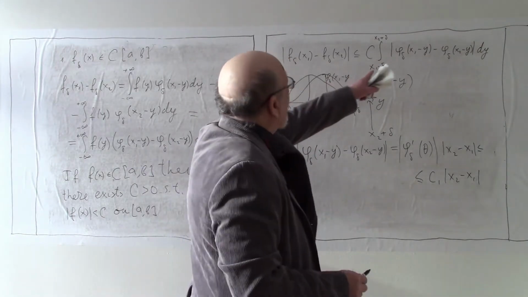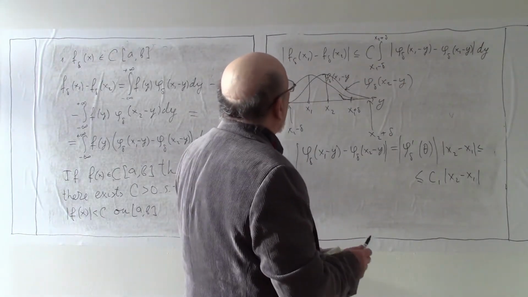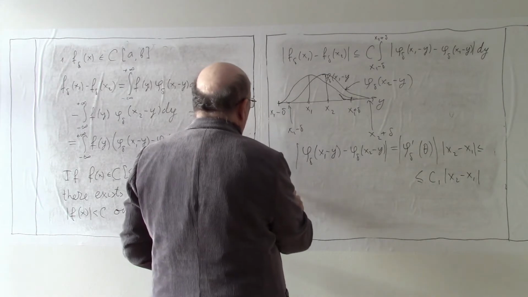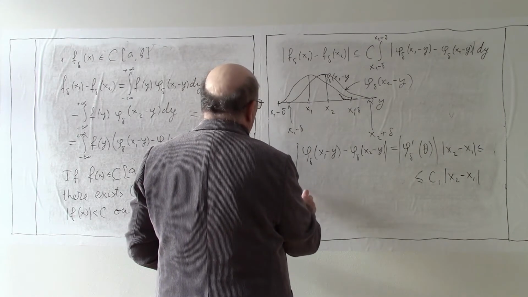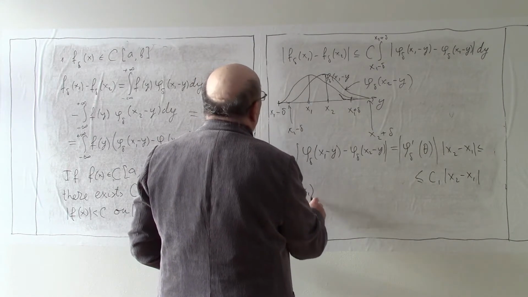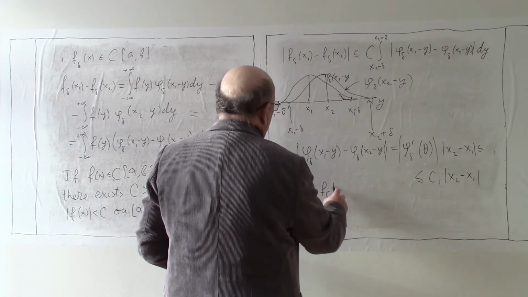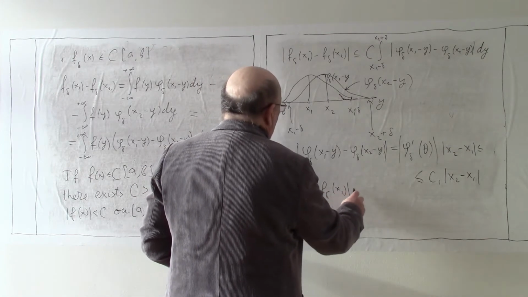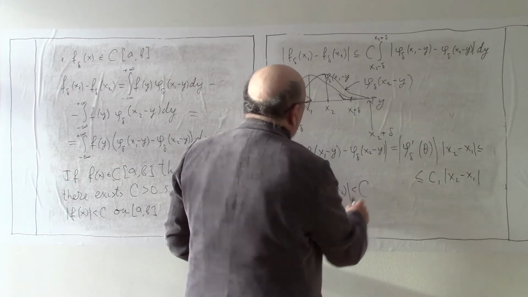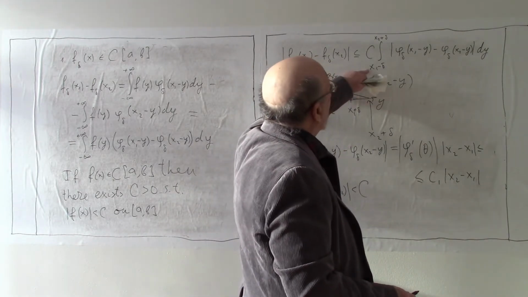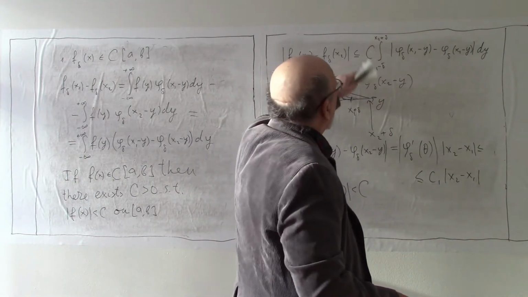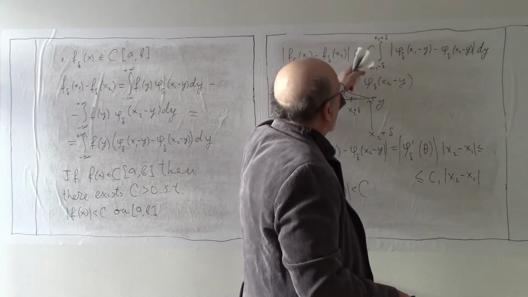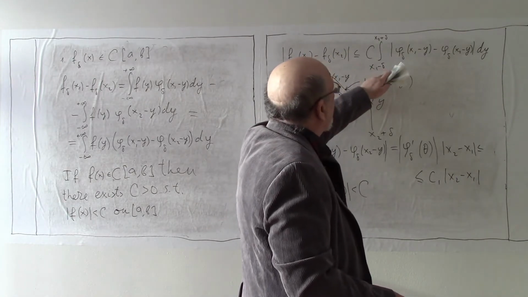And so if you substitute it here, we have modulus of f delta of x1 minus f delta of x2 less than c times the length of this interval, x2 plus delta minus x1 plus delta.